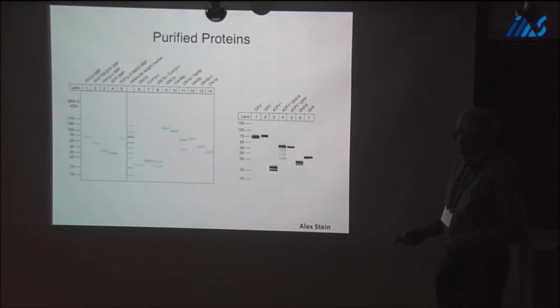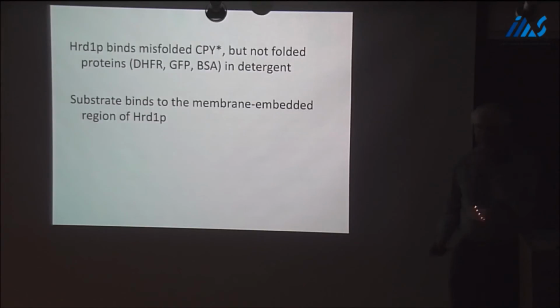So this slide summarizes several years of work by Alex Stein, a former postdoc in the lab, where he purified all these different proteins. Sometimes you see more than one band, but this means that there's a complex of two polypeptide chains. And he also purified the substrate and labeled it with a fluorescent dye so that we can follow it more easily in our assays. I'm not going to go through all these bands here. In fact, I'll also skip most of the data here.